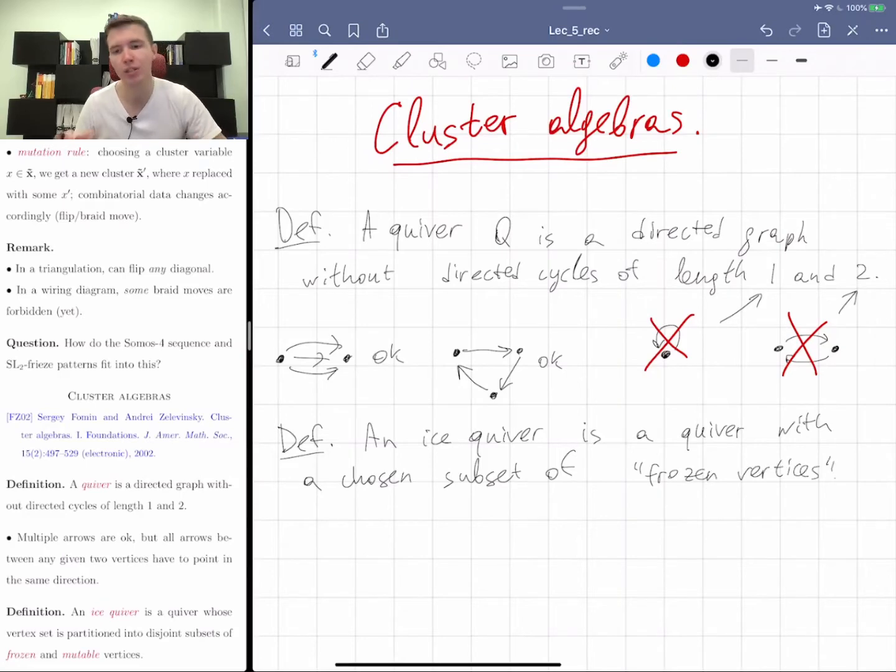You just choose an arbitrary subset and declare those to be frozen, and everything else is mutable. So non-frozen vertices are called mutable.